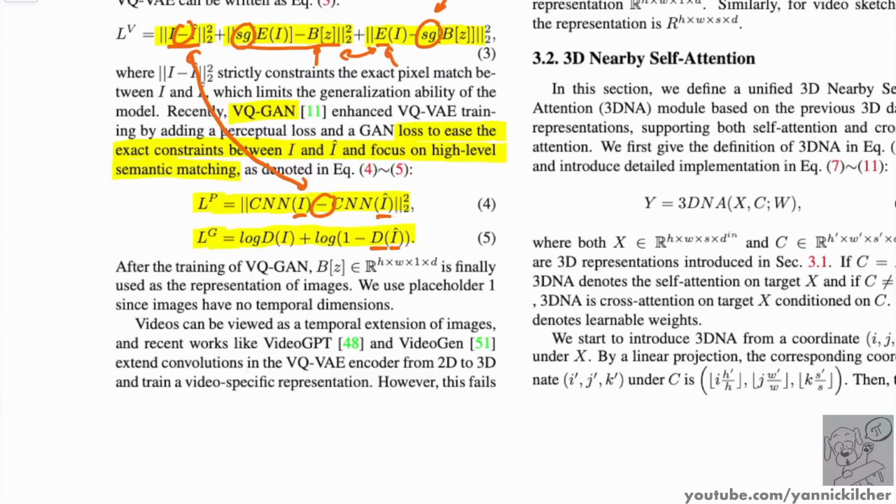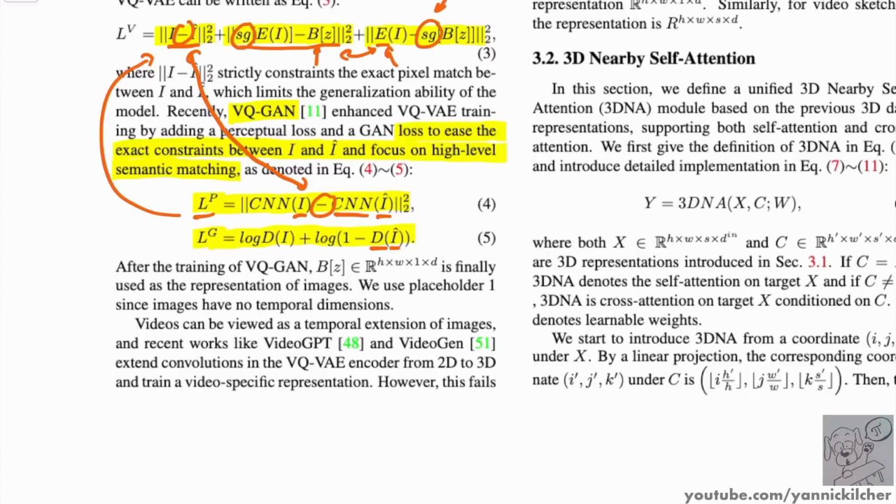I don't exactly know what these CNNs are, if they are trained as well, or if they simply take an off-the-shelf ResNet 50, pass the images through and compare the last layers, in order to say, well, I just want the latent representations to be similar. I don't actually want the images to be similar. They also don't say whether that replaces this loss up here or whether that's simply in addition to that loss.